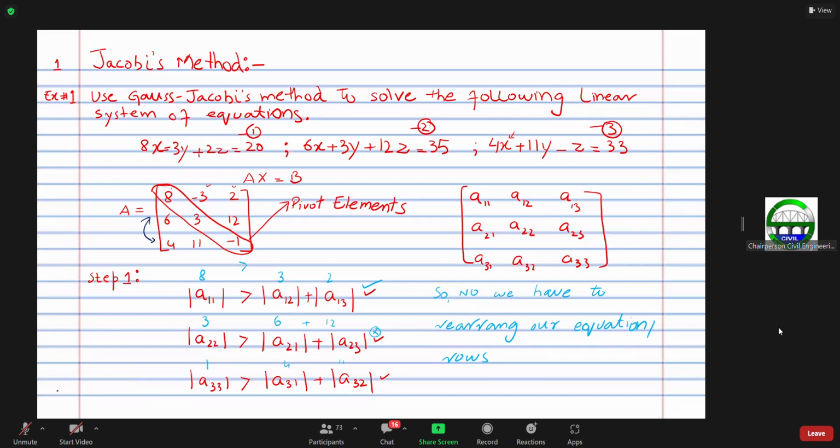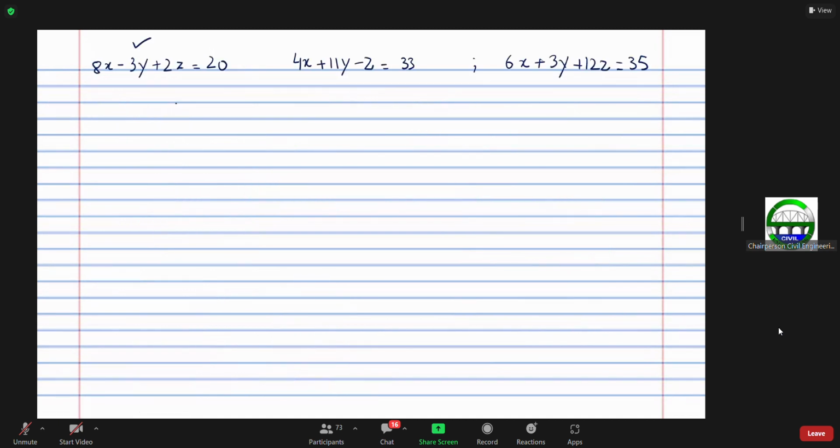Let me write this matrix again. The previous matrix was 8, -3, 2, and 6, 3, 12, and 4, 11, and -1. This was my previous one. But now what did I do?